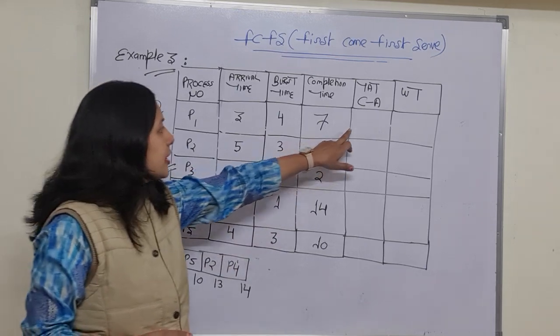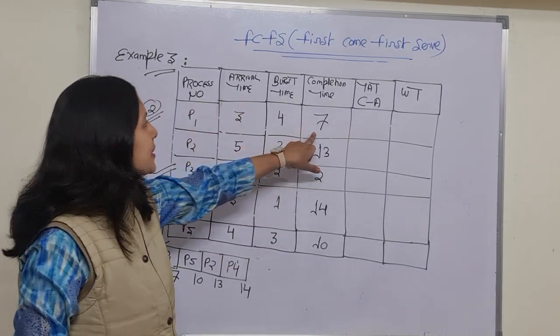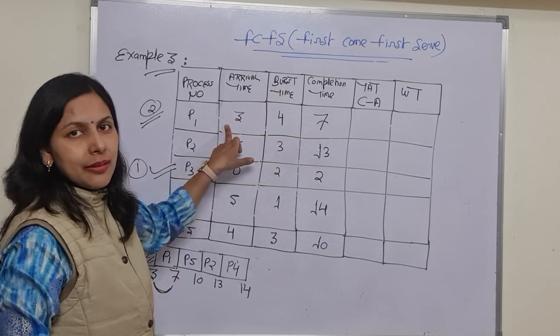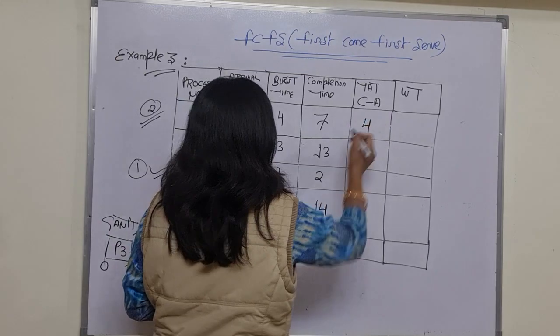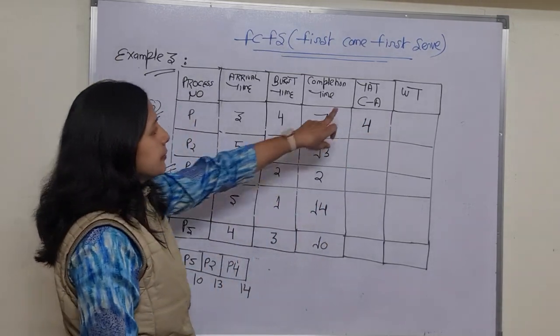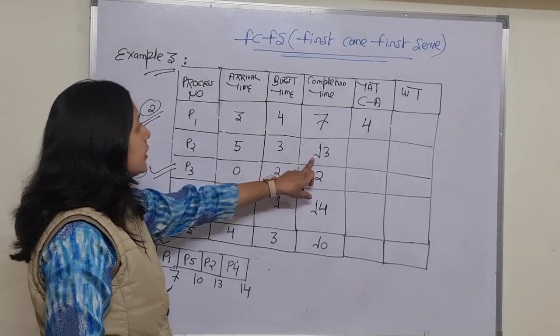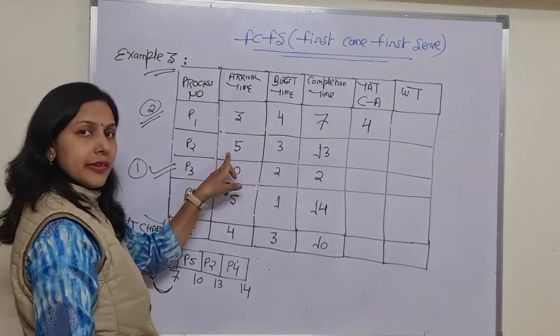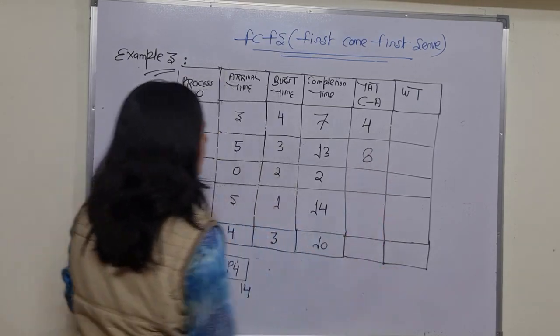For process P1, the completion time is 7 and the arrival time is 3, so it would be 7 minus 3, that means 4. Then the turnaround time for process P2 would be 13 minus 5, so it would be 8.